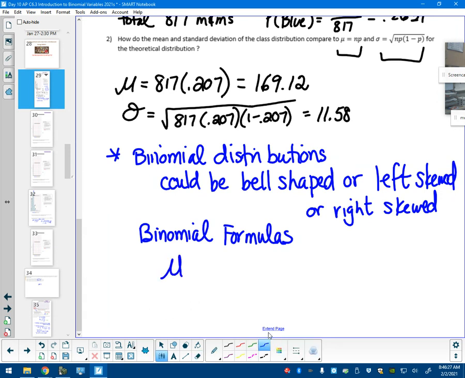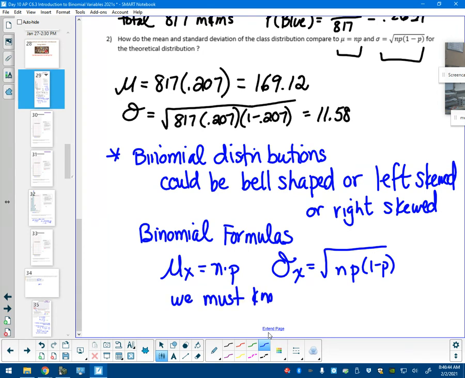Expected value is n times p, and the standard deviation is the square root of n times p times 1 minus p. So the binomial formulas, we must know n. N is fixed ahead of time. All right? So binomial distributions are success or failure, and geometric distributions, you go until you have a success.